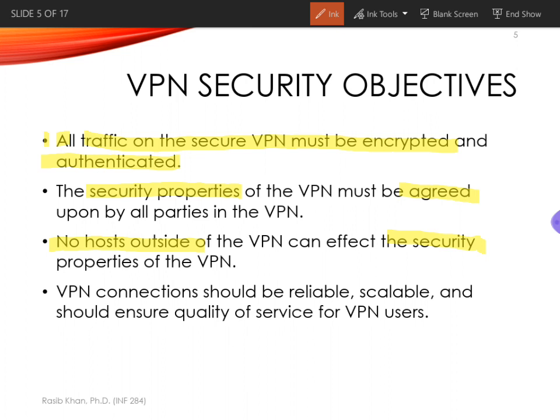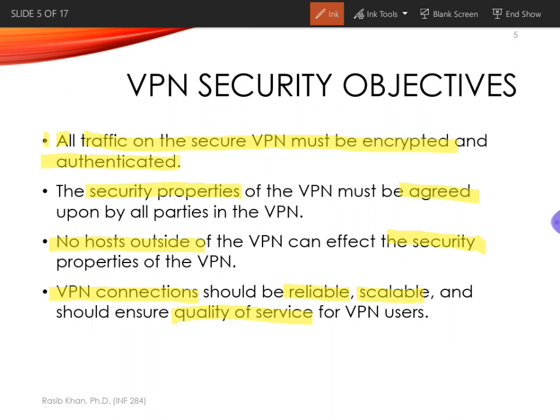And finally, we say that VPN connections should be reliable, it should be scalable, and it should ensure quality of service. So three properties that should be provided by VPN connections. Reliable means that if I'm trying to connect to a VPN, I should be able to.